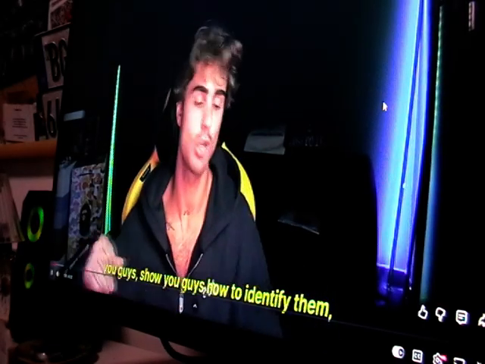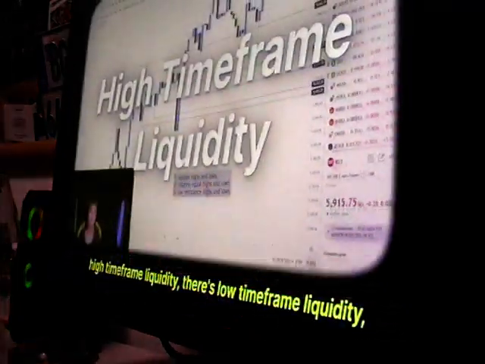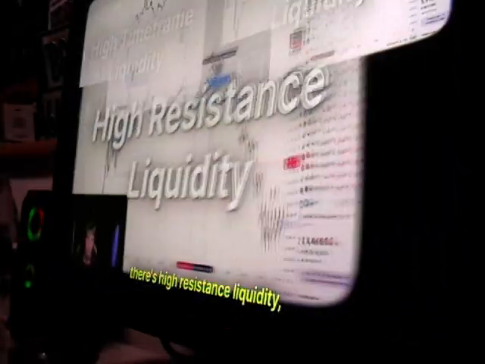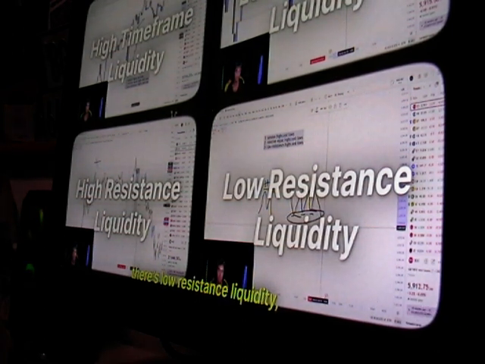Break it all down for you guys, show you how to identify them, show you different examples of draws on liquidity, because there's high time frame liquidity, low time frame liquidity, high resistance liquidity, low resistance liquidity. Let me write this down. Liquidity sweeps, okay.